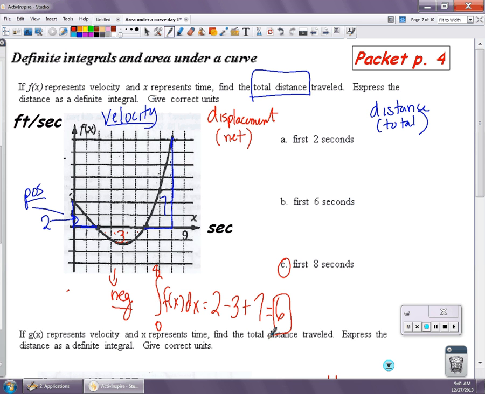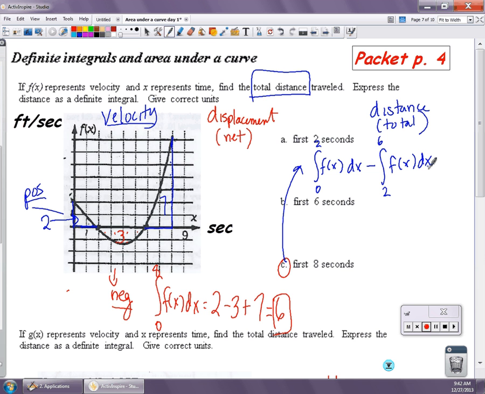However, for the total distance traveled, there are 2 ways to deal with that. One way to write that integral, and again, I'm still working on part C, would be to collect the area from 0 to 2, which is positive, minus the area from 2 to 6, and we're subtracting because that area is negative, and if we subtract it, it forces it to be positive.